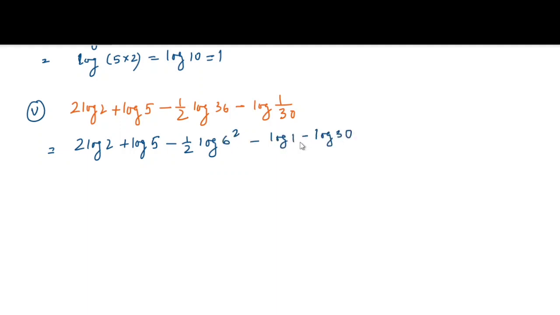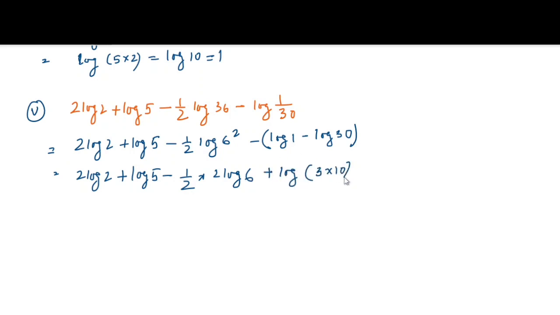We can write this one as a formula like this. So 2 log 2 plus log 5 minus, this 2 will be shifted to the left side, so half into 2 log 6 minus log 1, which is 0, so minus and minus will be plus log 30.